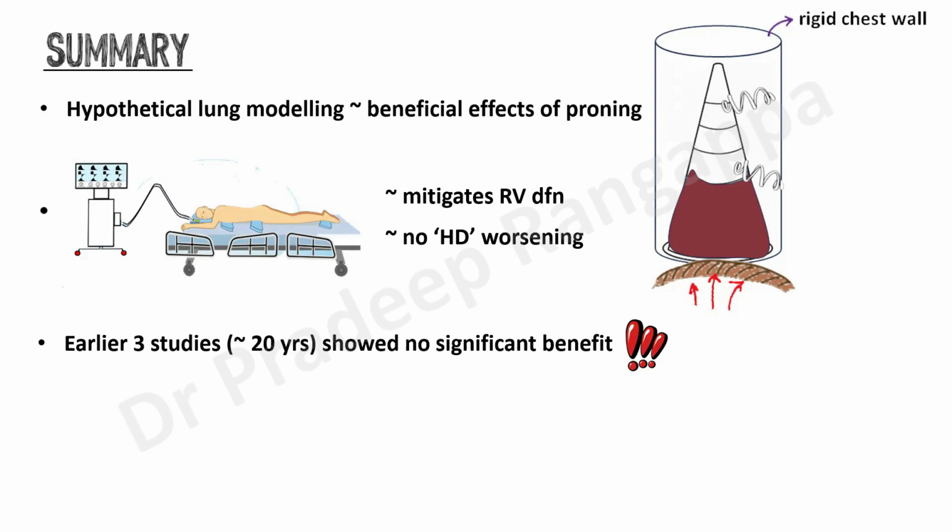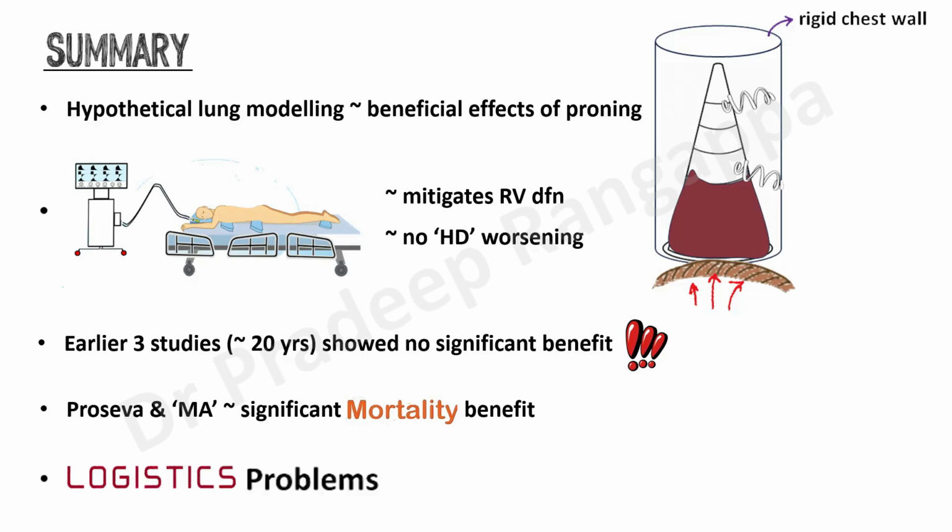Earlier, three or four studies in the last 20 years did not show any significant benefit with regards to proning, but the PROSEVA trial and the meta-analysis show significant mortality benefits. As I've already mentioned, the benefit was due to proning and all the advances that have happened in our understanding of ARDS with low tidal volume, PEEP optimization, and driving pressure. The logistic problems do remain.